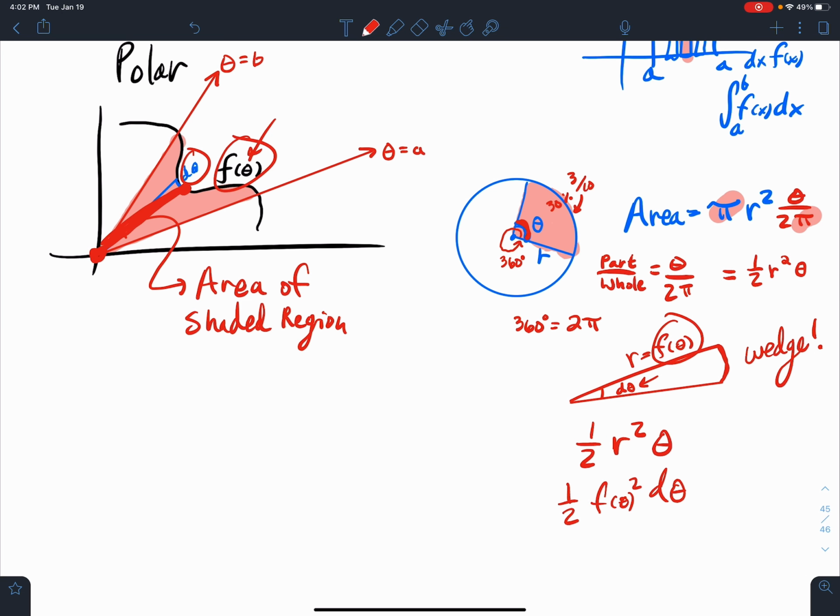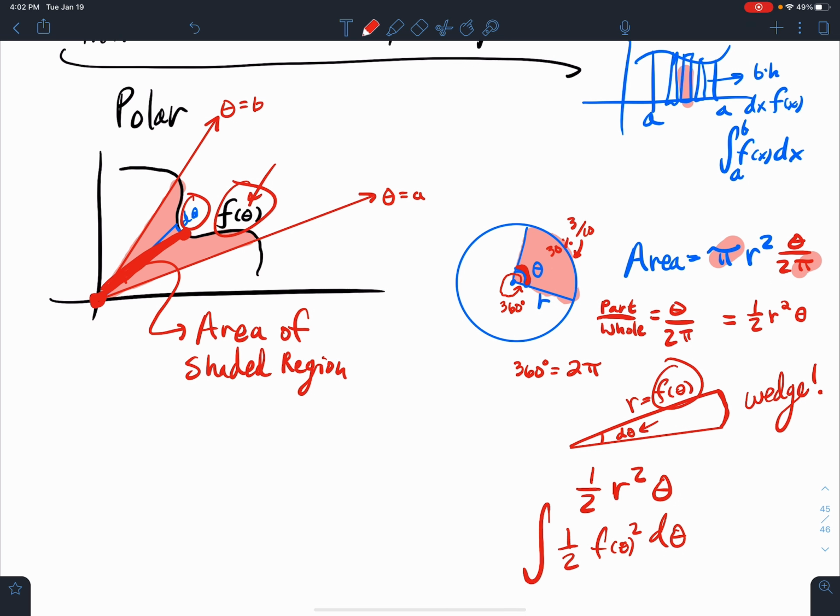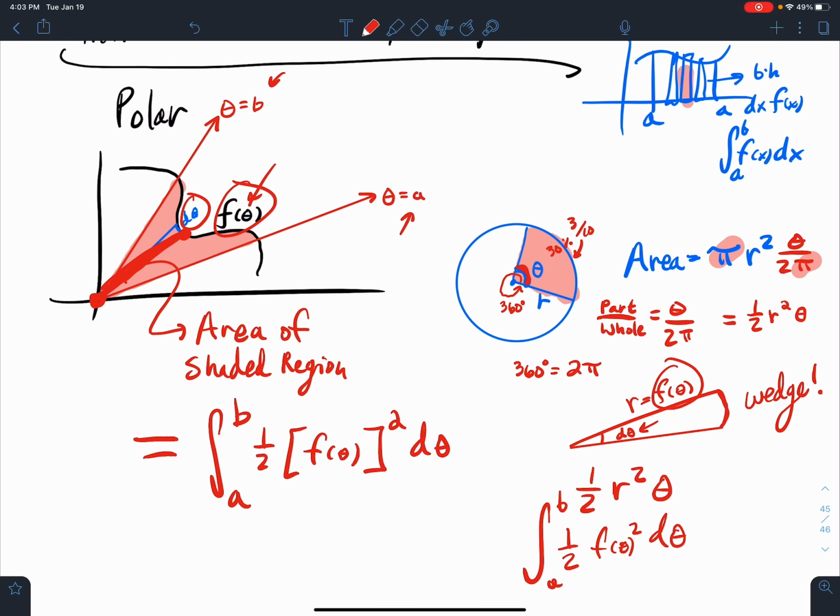And then I'm summing all those in an infinite sum from A to B. Okay? So this area is equal to the integral from A to B of 1/2 f of theta squared d theta. All right, so that's how we find the area of this region.